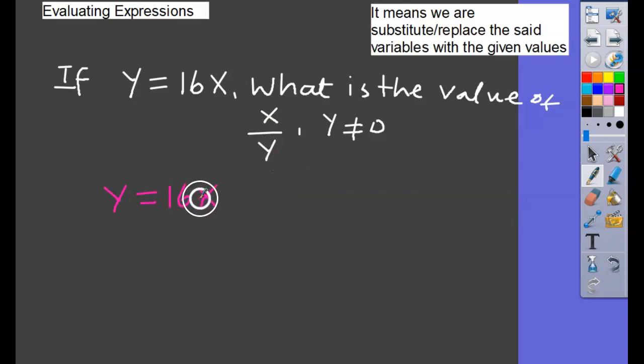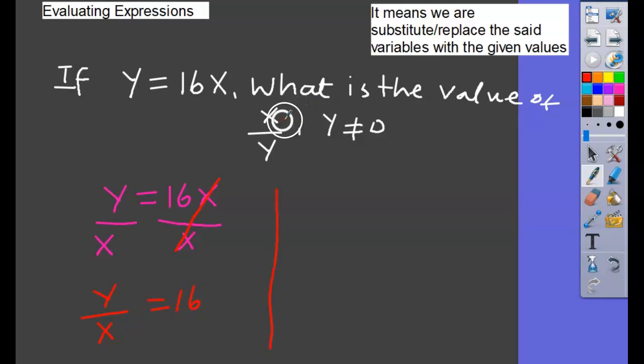Here, let's try to get rid of this x from the number here. So we divide here by x, and we have to repeat the same thing on the other side so that we don't change it. When we do that, realize that this will turn into 1. So now we have y over x is equal to 16.